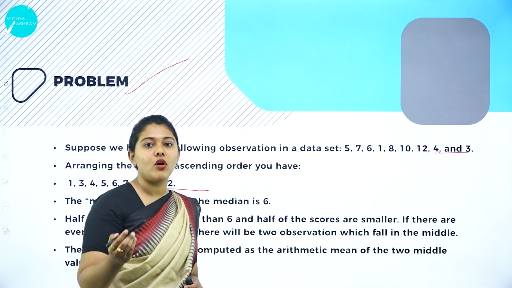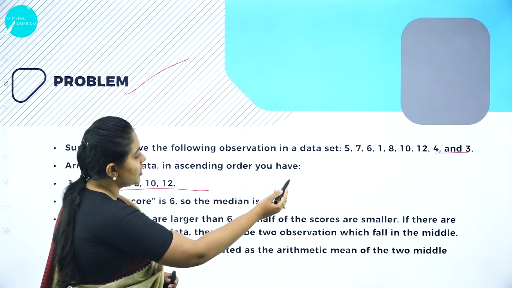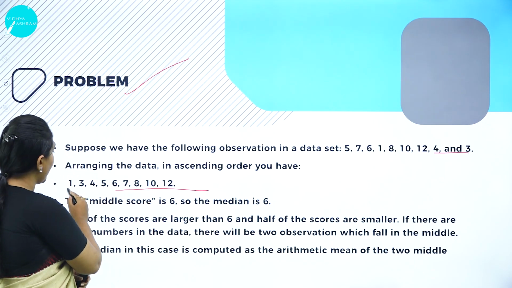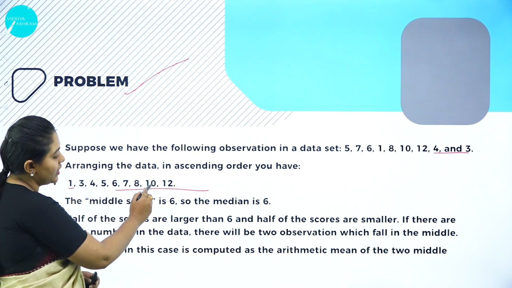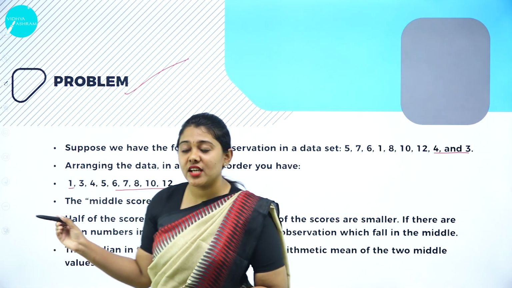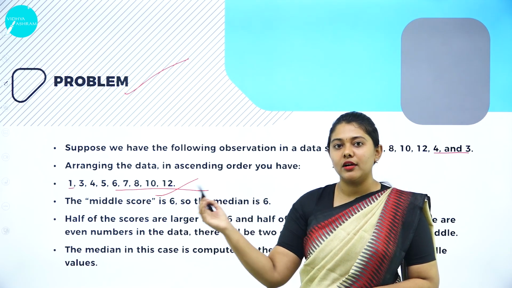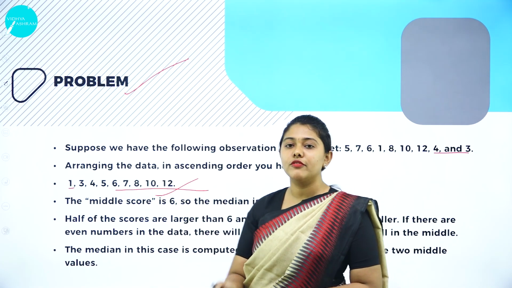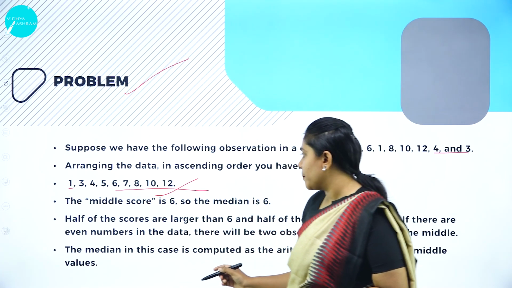So what is ascending order? From small number to big number. What is the first small number we have? 1, 3, 4, 5, 6, 7, 8, 10 and 12. So these are the numbers of observations that we have put into an order of magnitude. Here we are arranging the numbers into ascending order.